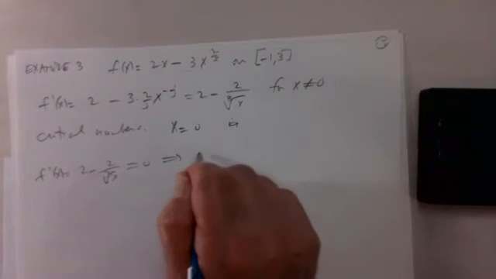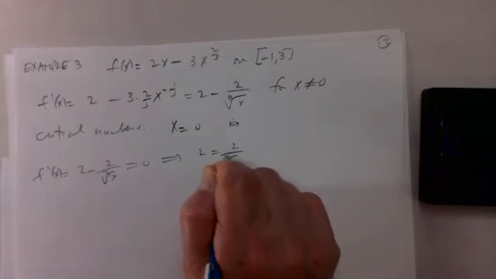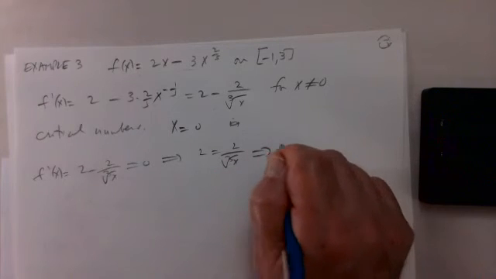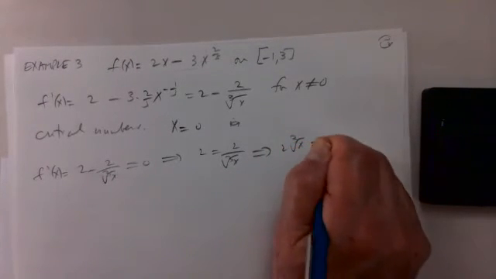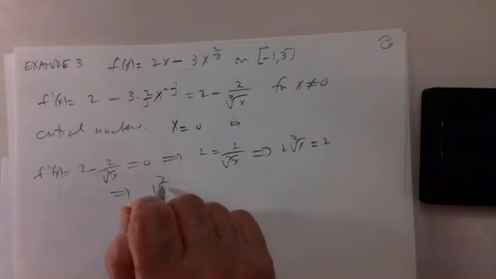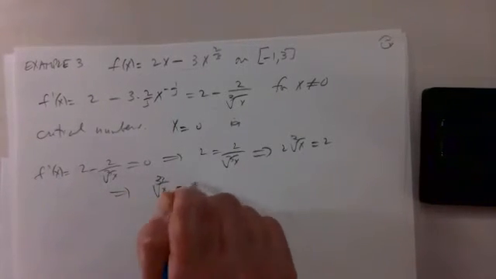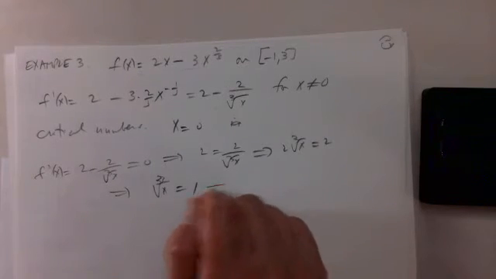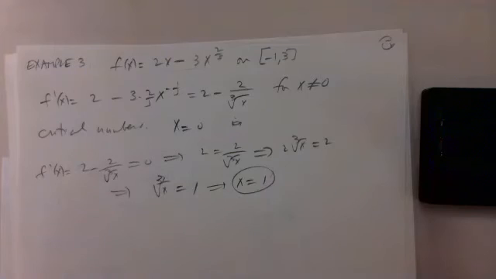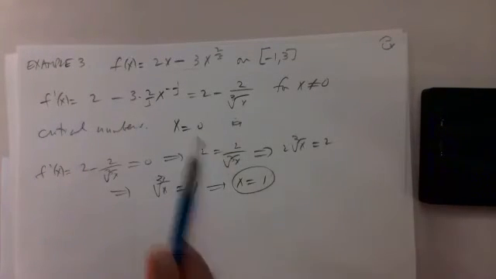It equals 0 if 2 equals 2 over the cube root of x. Multiplying by cube root of x, 2 times the cube root of x equals 2. Cancel the 2's. Cube root of x equals 1. X equals 1. So x equal 1 is a critical number. So this function has two critical numbers, 0 and 1.